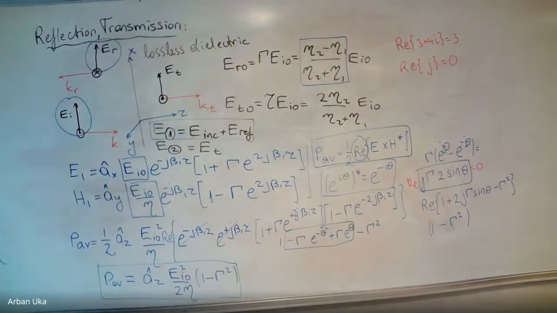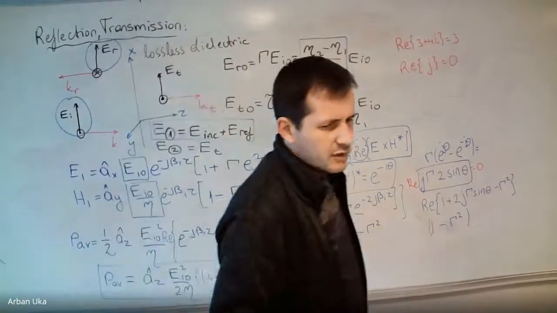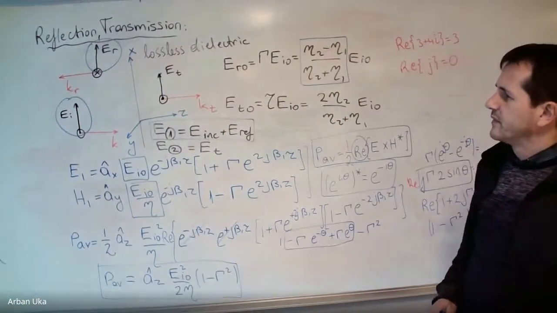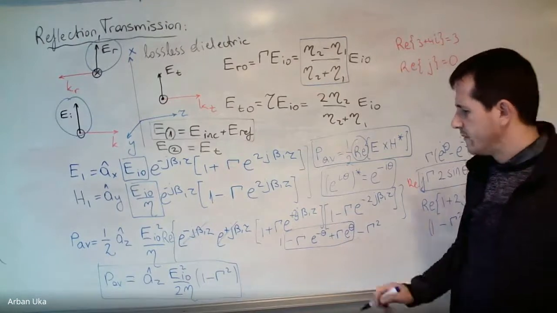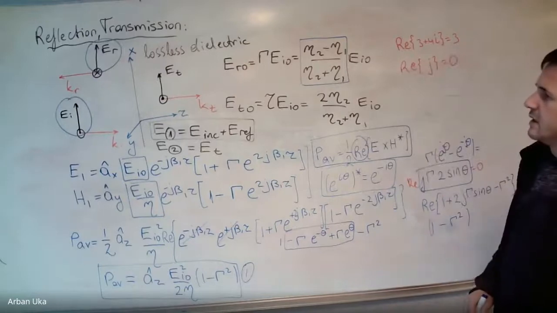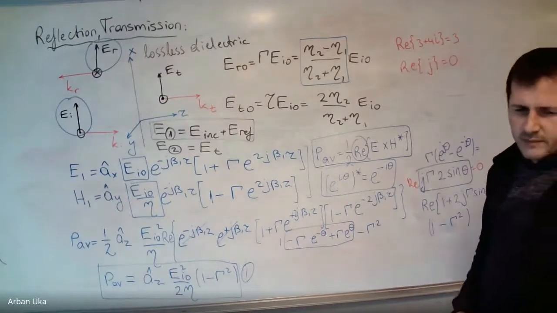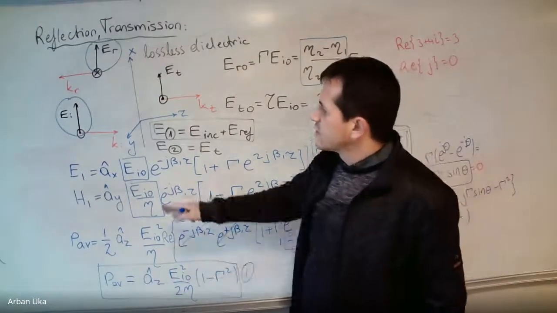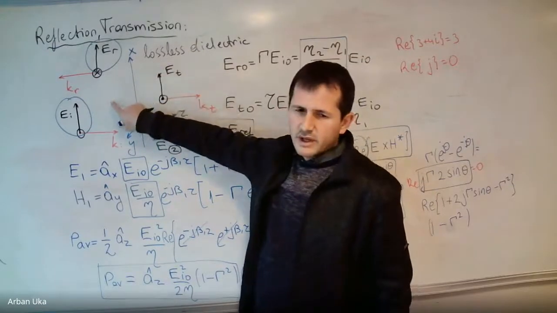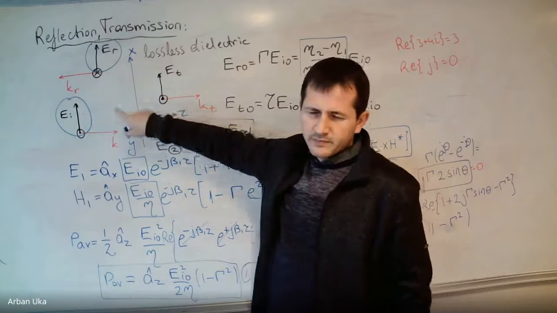Now, this is the time average power density energy flow in which region? Region 1 or region 2? This is region 1, okay? If this was a standing wave, if this was a conductor, what would be the net energy flow in region 1?